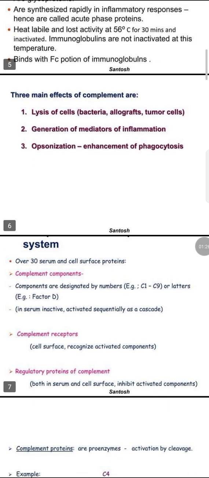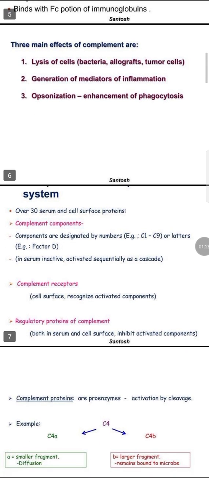There are three main functions of the complement system. Lysis of the cells, generation of mediators of inflammation, opsonization. So we're going to see that in the end, there's what we call the membrane attack complex, which is going to cause some holes on the bacteria.